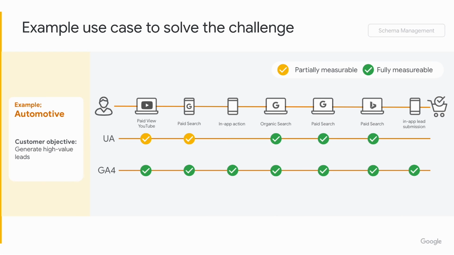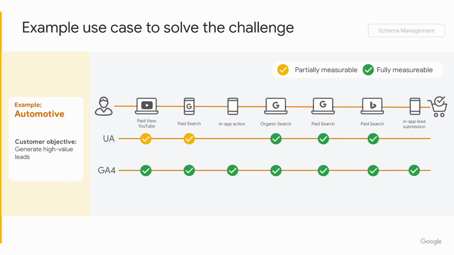Now, in contrast to Universal Analytics, it allows us to provide a much richer and more complete view of users, all the way from, say, paid views on YouTube for users who've clicked or watched an ad, all the way through to them downloading or visiting your website and then taking action there, whether it's making a purchase or filling out a form, whatever type of conversion matters to your business.